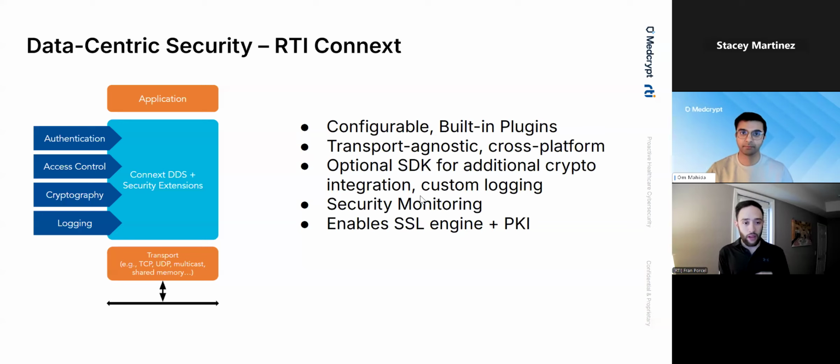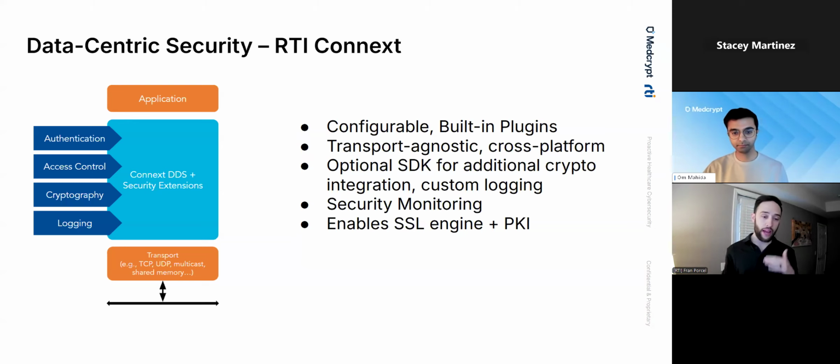Now, I want to introduce as well the security plugins. Now, you can use Connext without security if you want to while you're developing early on, and then introduce security. We recommend that if you're using Connext, you start evaluating security as soon as possible if it is on your horizon, so that you get used to how the system is going to work under those circumstances.